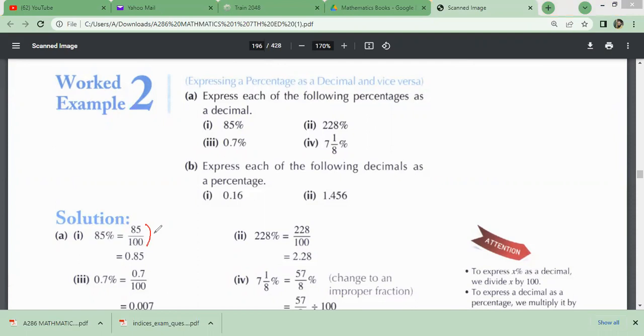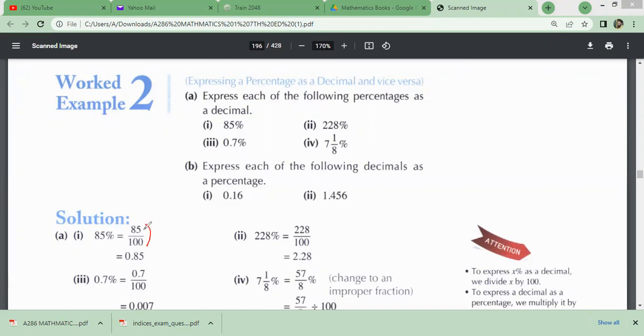And I explained in the previous video that when you have to convert any number with a denominator that is a multiple of 10, or a power of 10, like 10 squared or 10 cubed, if it is in the denominator, we just shift the decimal.